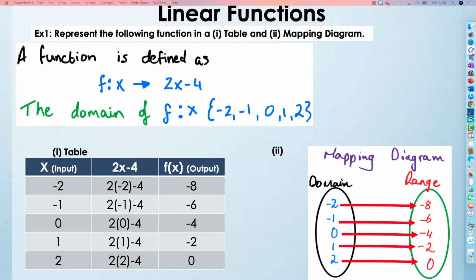Right, I want you to do the exact same with the following. Our inputs are going to be from minus 3 to 2. Our function is going to be 3x plus 1. And I want you to do a table. So I want you to put an input through your function and get an output.